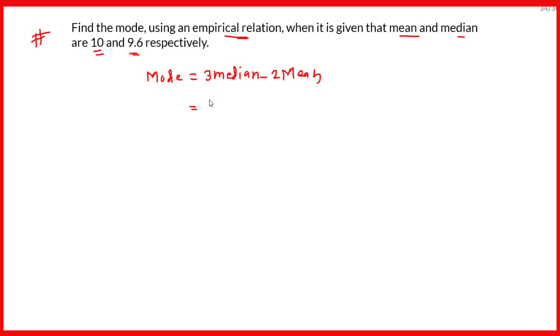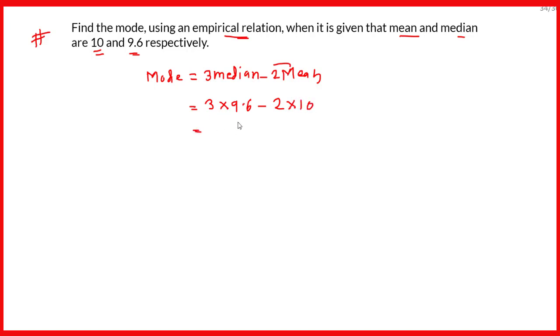So here 3 into median, and the median is 9.6, so it will be 3 into 9.6 minus twice of mean. Twice of mean is what? The mean is 10, so it will be 2 into 10.